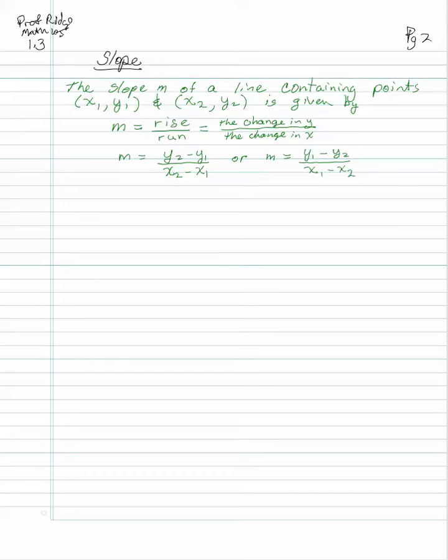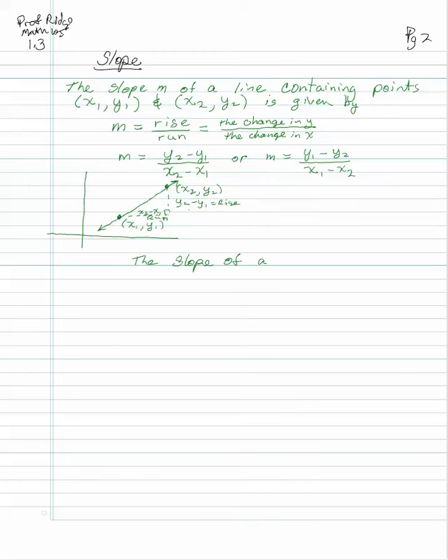All right. So typically I just do it y2 minus y1 over x2 minus x1, but you could switch it. Who's to say which one's point 1 and which one's point 2? So it doesn't really matter, as long as you don't mix it and put y1 minus y2 on top and x2 minus x1 on bottom. So you can't do that. So it has to be the same.